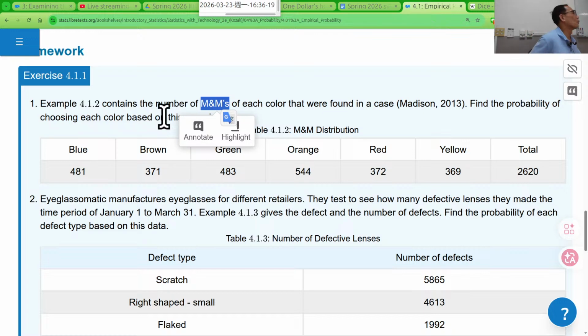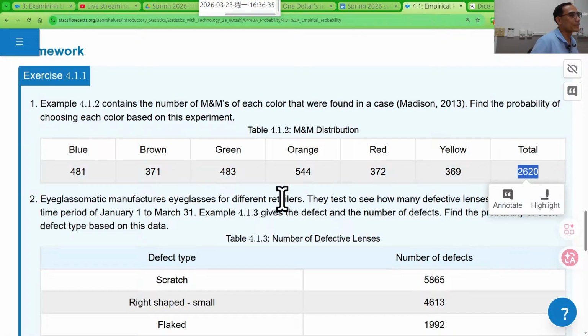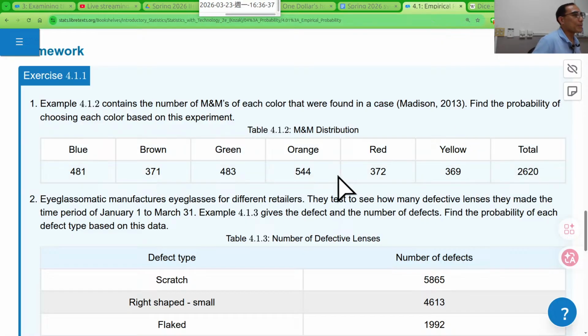Actually, I was an M&M chocolate lover, but not now because I'm getting old and I need to take care of my health. There are brown, blue, green, orange, red, and yellow, and the total is 2,620.